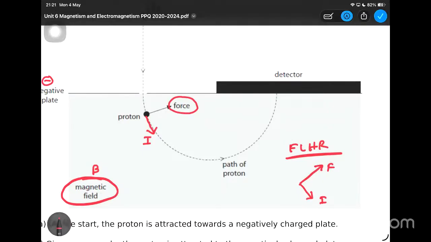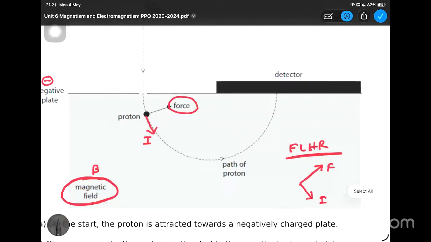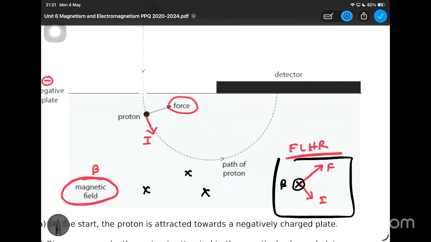If you turn your hand and the fingers according to this diagram, you can see that the index finger is not pointing towards you, it is pointing away from you. So the magnetic field is acting into the plane like this, right? So already we got the solution for this question.